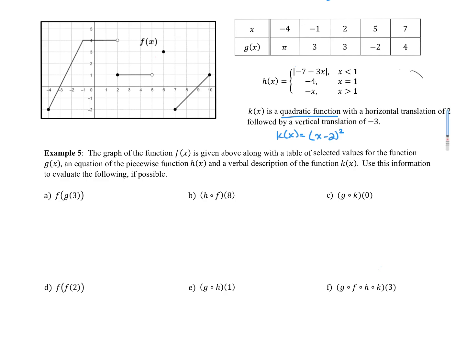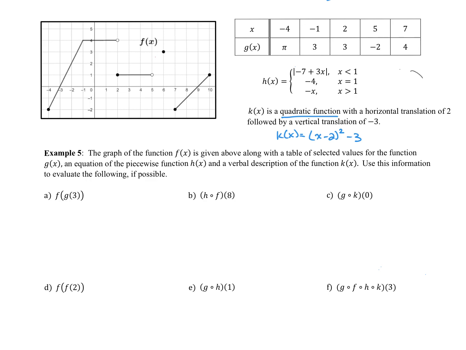Now, if it said horizontal translation of -2, then it would be what? X plus 2. All right. And then it's followed by a vertical translation of -3. So what goes on the outside? -3. All right. Remember, the x's do the opposite and the y's do what you think it does. All right. That's why they're the x's. All right. So there's our verbal translation of that one.